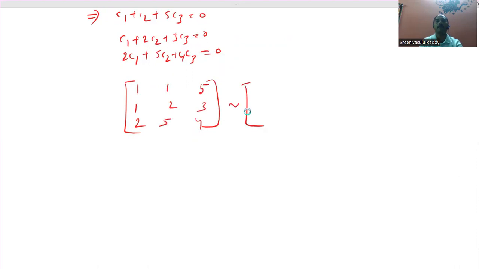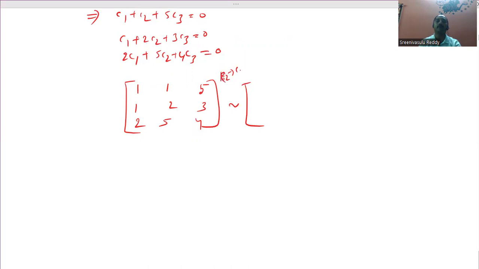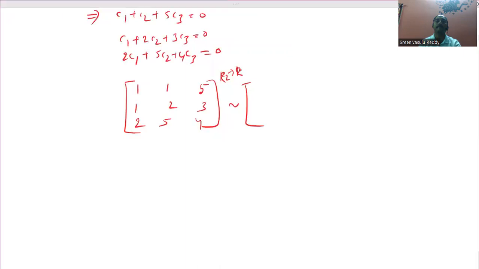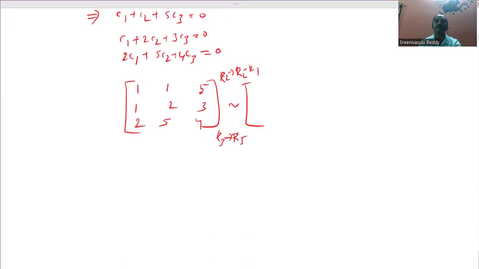So elementary row operations. R2 goes to R2 minus R1. R3 goes to R3 minus 2R1. 1, 1, 5, first row, no change. Second row, subtracting first row from second row.